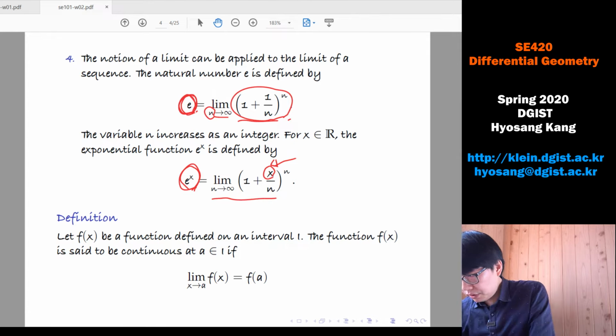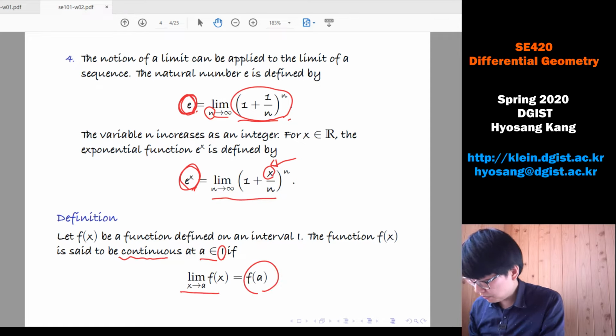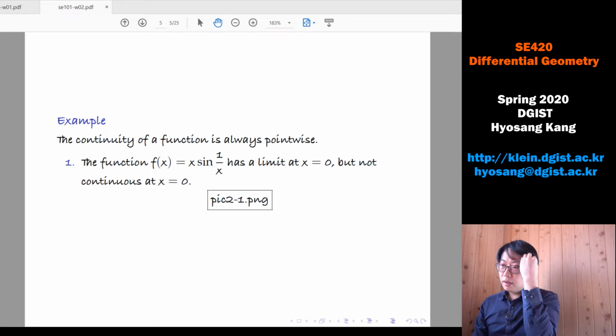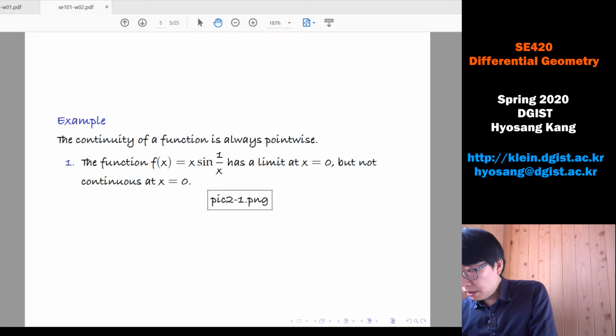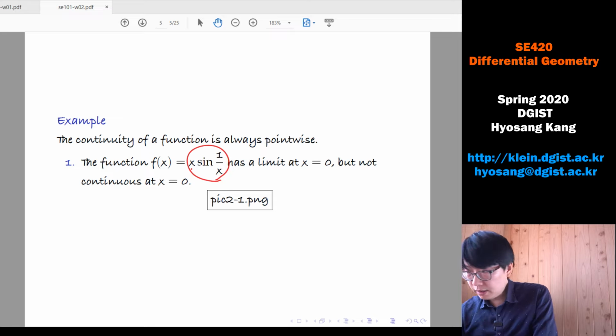Okay, so this is a definition of continuity. Function f(x) is called continuous at a in the interval I if the limit is the value of function. So here's a good example of continuity. Let's say we have a function f(x) which is given by x times sine 1 over x. Now it has a limit. We have a limit at x equals 0, but this is not continuous at x equals 0.